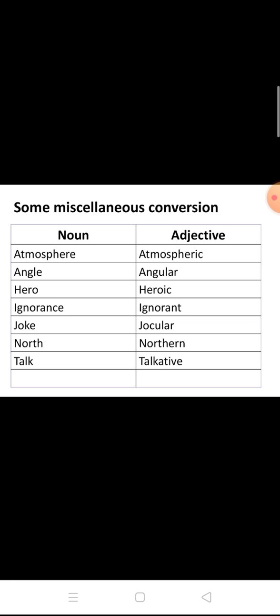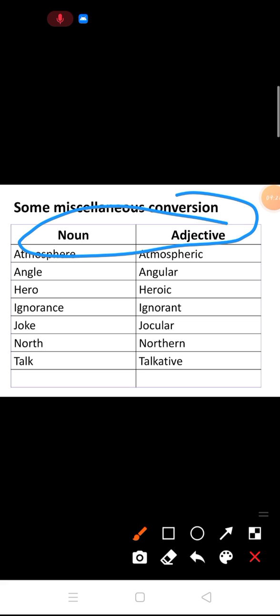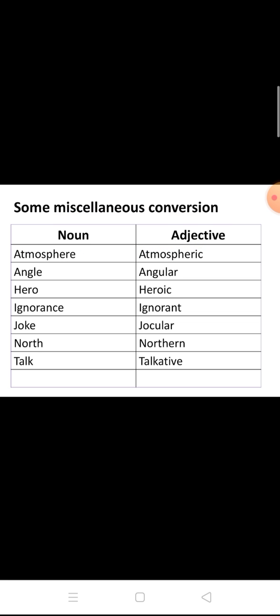Like for example, atmosphere becomes atmospheric, angle becomes angular, hero becomes heroic, ignorance becomes ignorant, joke becomes jocular, north becomes northern, and talk becomes talkative. So this is the miscellaneous conversion of noun to adjective. Every form has some miscellaneous conversion of words because they don't follow any similar rules and regulation.